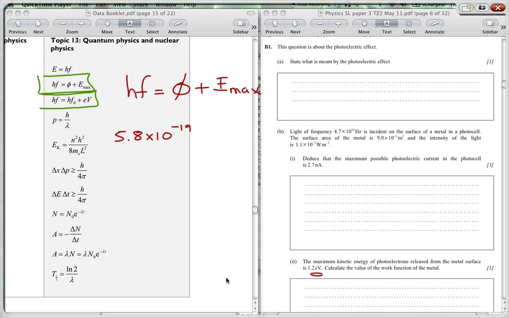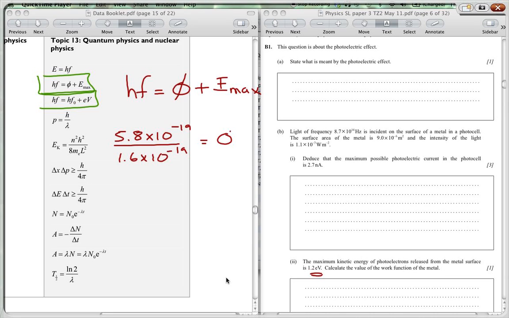I'd have to divide it, because when I'm going from joules to eV, I divide by 1.6 times 10 to the negative 19.